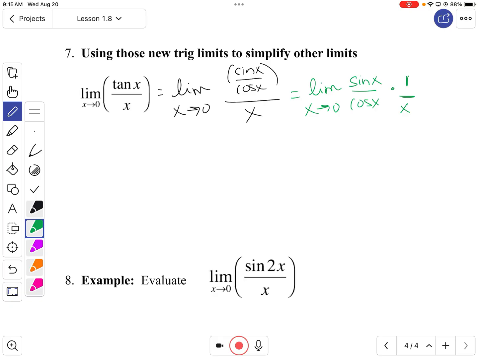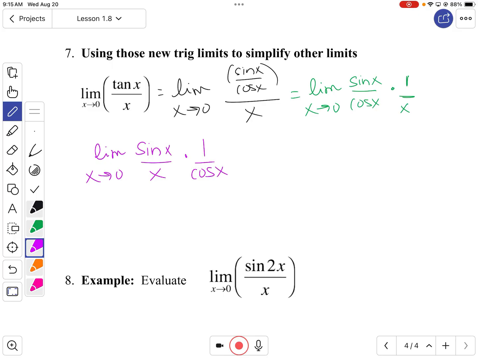And this is where we want to use those arithmetic properties for fractions. I'm just going to switch the two denominators. Doesn't change anything because we know multiplication is commutative. So I can change the order. So I have the limit as x approaches 0 of sine x over x times 1 over cosine. So I just flipped the two denominators.